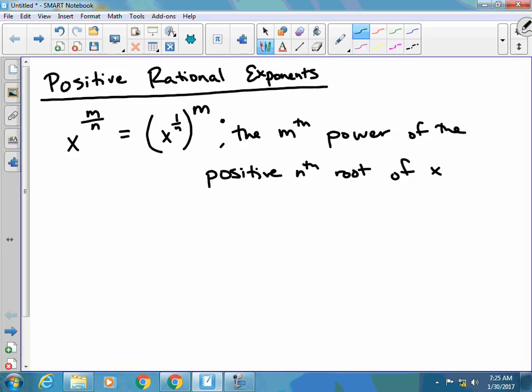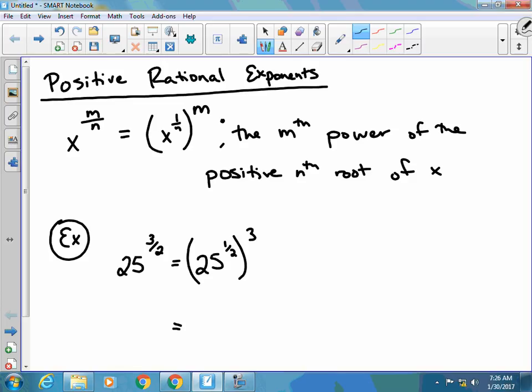So for instance, if I have 25 to the power of 3 over 2. So I can actually break this down into two separate exponents. So I'd have 25 to the power of a half, because that represents the 2 in the denominator, to the power then of 3.